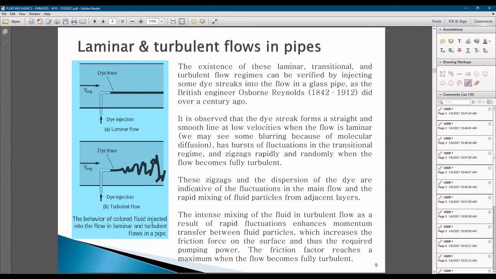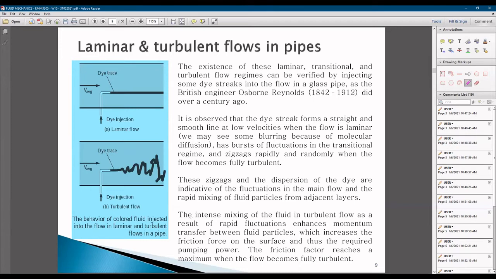It is observed that the dye streak forms a straight and smooth line at low velocities when the flow is laminar, has bursts of fluctuation in the transitional regime, and zigzags rapidly and randomly when the flow becomes fully turbulent. This zigzag and dispersion of the dye are indicative of the fluctuation in the main flow and the rapid mixing of fluid particles from adjacent layers.